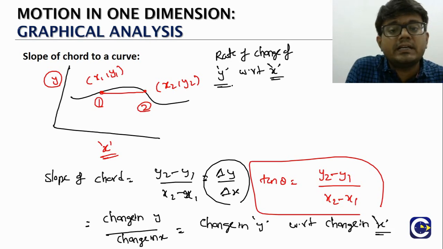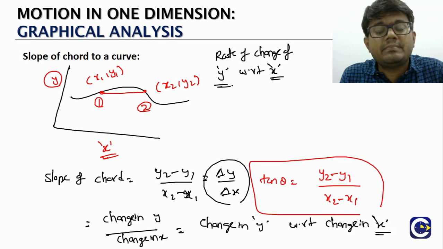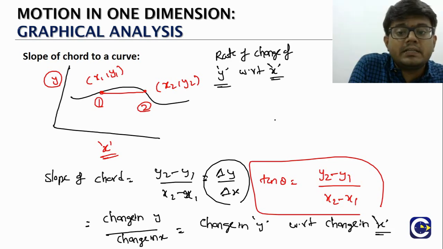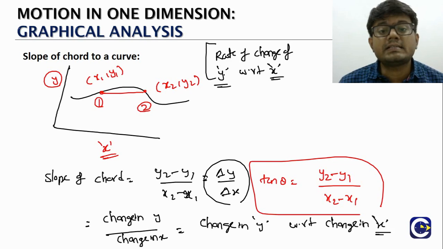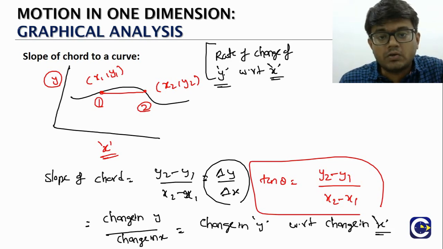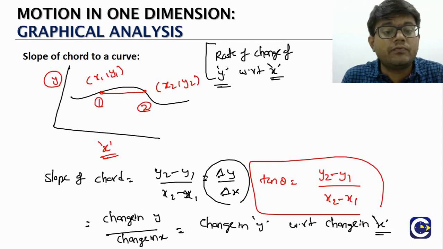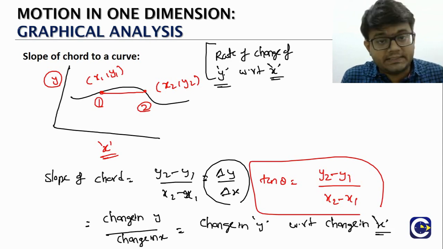So how do you measure it? Change in y value, delta y, divided by change in x value. That is how we call the rate of change of y with respect to x. So this is the significance of the slope of a chord. When you take a chord to a curve connecting 2 points, the slope of the chord gives us the rate of change of y with respect to x.